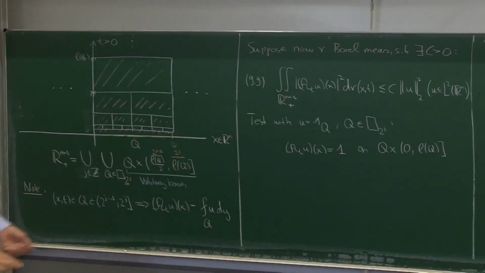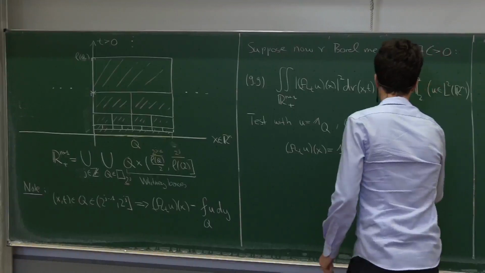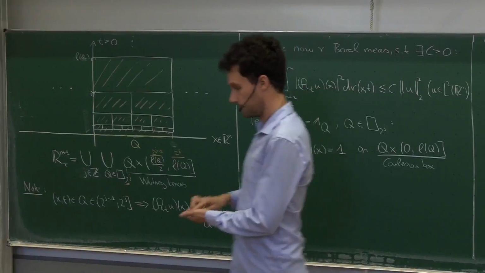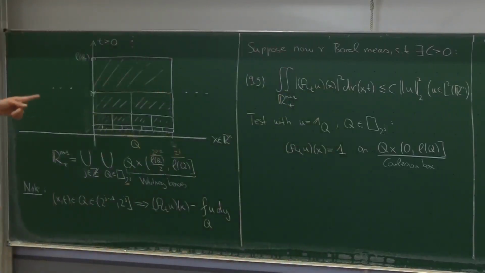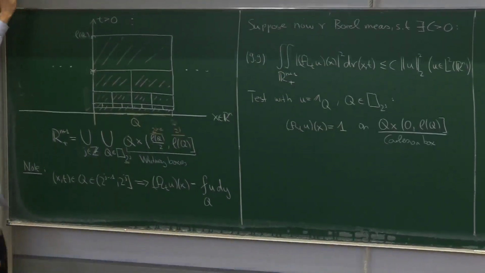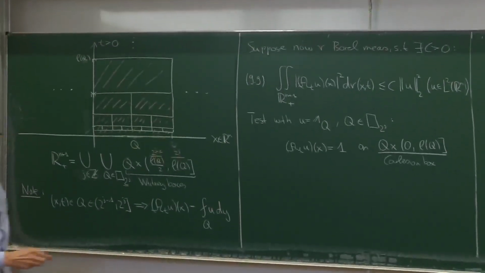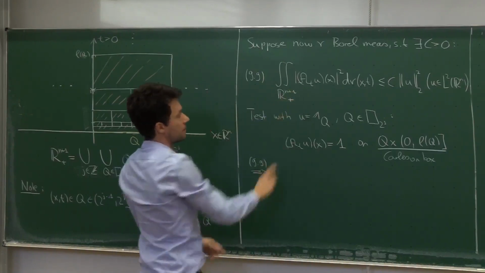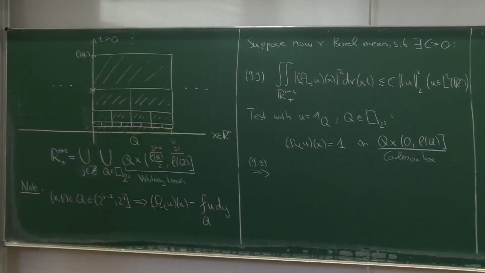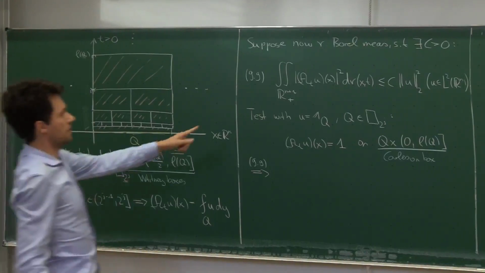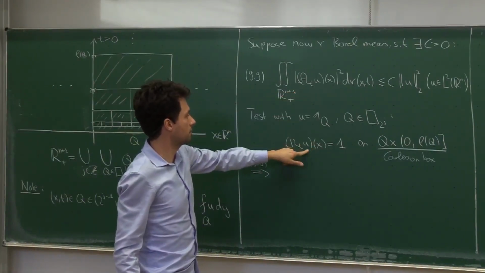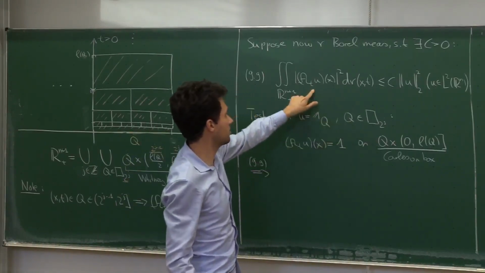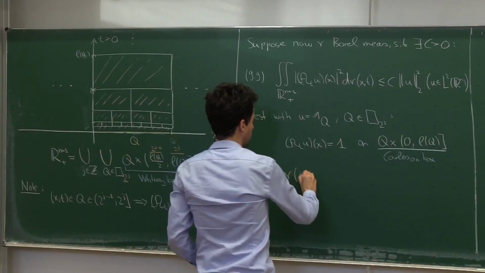Okay, and these boxes people call Carleson boxes. Well, if A_t u for this specific u is 1 on the Carleson box, then I can look back to 9.9 and I see that on the left hand side I'm getting something that dominates, it's just a 1 function on this box, so this integral dominates the measure of the Carleson box.